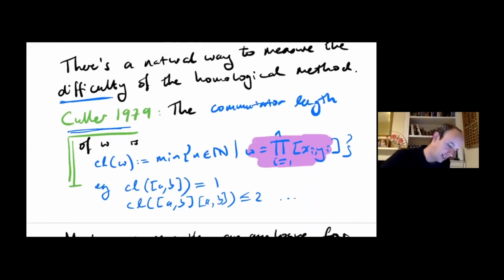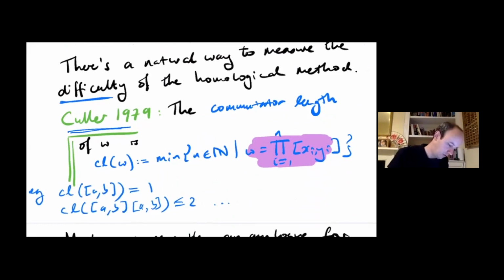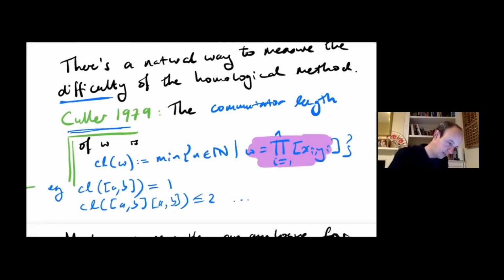Maybe I'll just give one other detail, sorry, I've not left myself much space. Let me move this over. One other detail is that, for me, the minimum of the empty set is always going to be infinity.